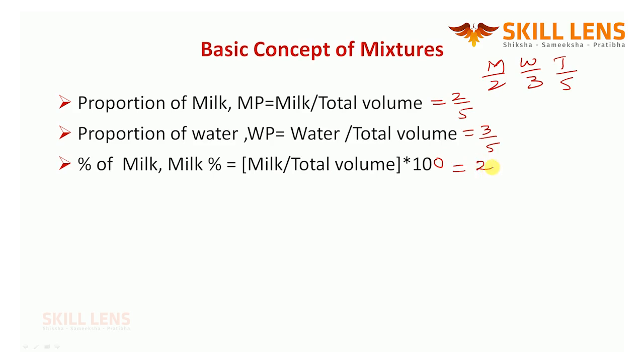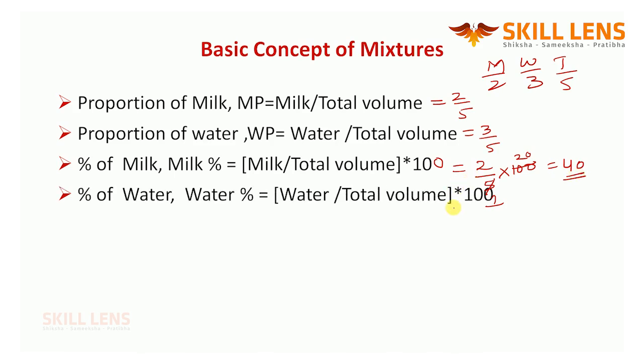So milk is 2 liters, total is 5 liters, into 100. 5 how many times 100? 20 times. So your answer is going to be 40. Okay. So how to calculate the water proportion? It's very easy. Again, water by total into 100. So that will give you 5 twenties, which is always 60%.